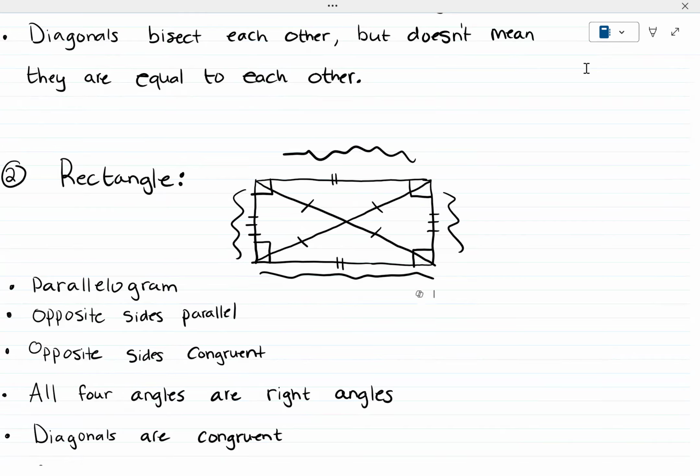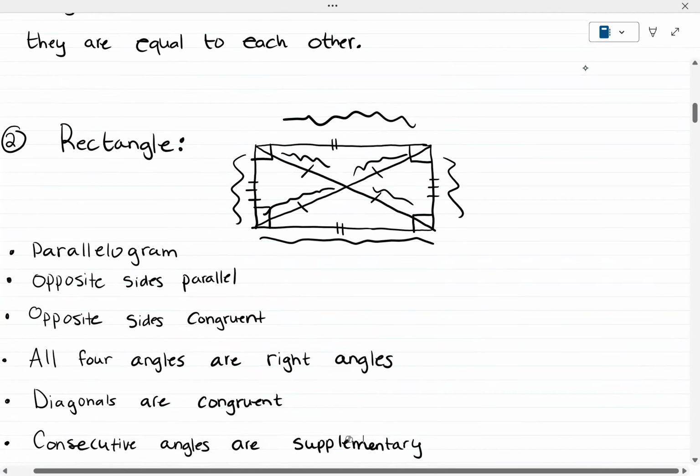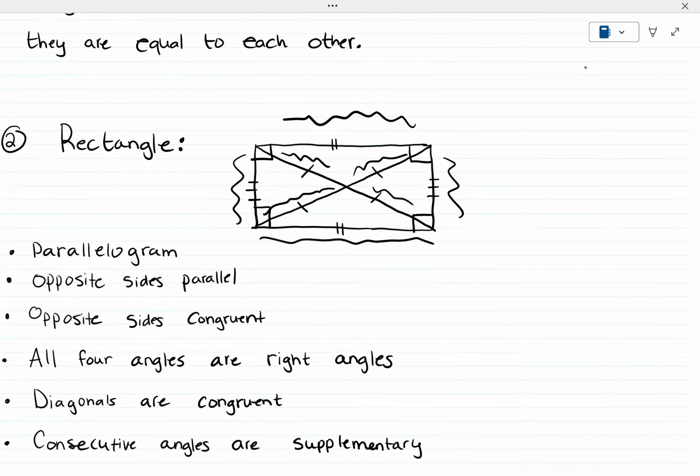Diagonals are congruent. This time, the diagonals are congruent, so this diagonal is congruent with this one. Consecutive angles are supplementary. If you take this angle, angle one, and this angle, angle two, angle one plus angle two is 180 degrees.